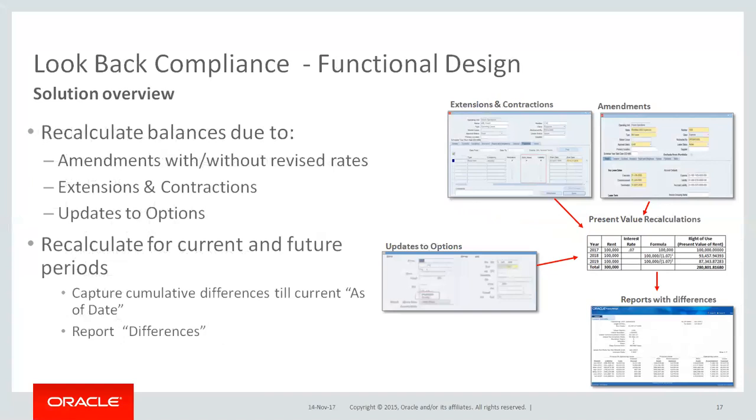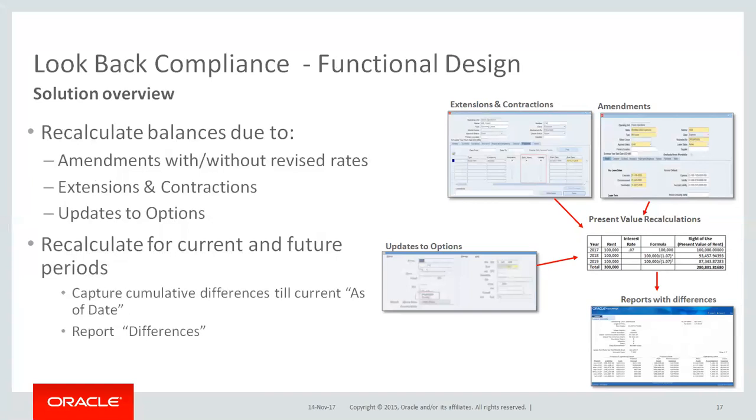And as I already explained at the outset, not only are these balances calculated initially, these balances also need to be maintained over the life of the lease. So during the life of the lease, there could be renewals, there could be some amendments. You could be adding some additional payment terms, or you could be contracting, terminating some of the payment terms, or you could be terminating the lease altogether.